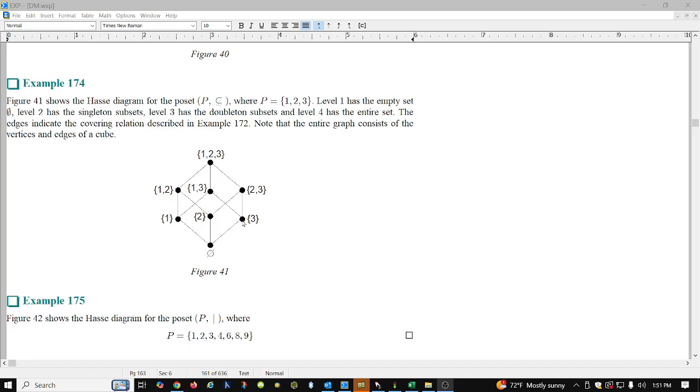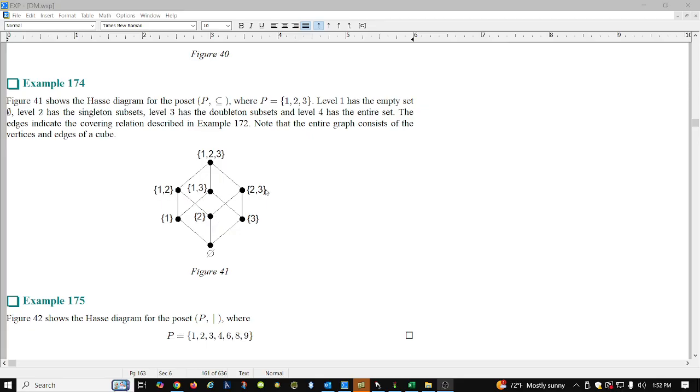That doesn't harm anything, as long as we don't push it up so that it is the same height as these vertices. And it gives us a little better perspective on what the Hasse diagram looks like. And so we have these 3 lines, 3 edges, indicating the covering relation.